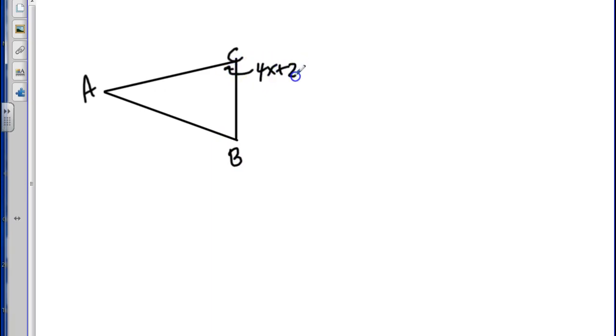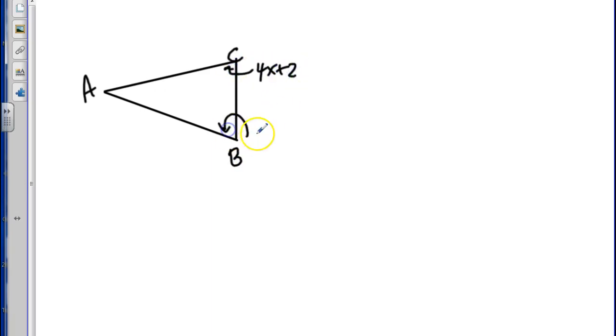And then we'll work some more when I see you again soon. All right, so let's draw this triangle. And let's go ahead and label it ACB. And this angle is 4x plus 2.